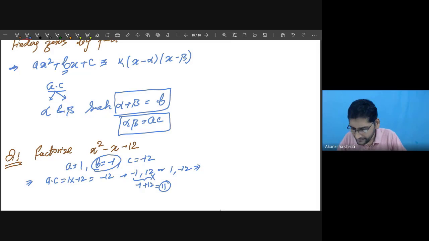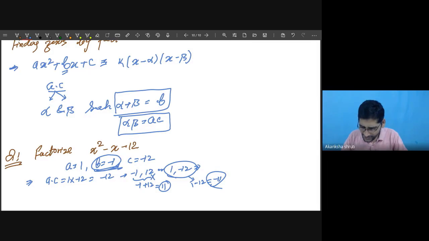So this kind of pair you need to reject. Even if you take this one, 1 minus 12 gives minus 11, but minus 11 is not there, we need minus 1. So go for choosing the other factors. Let us take one factor as minus 3 and another as 4, because minus 3 and 4 give us minus 12.